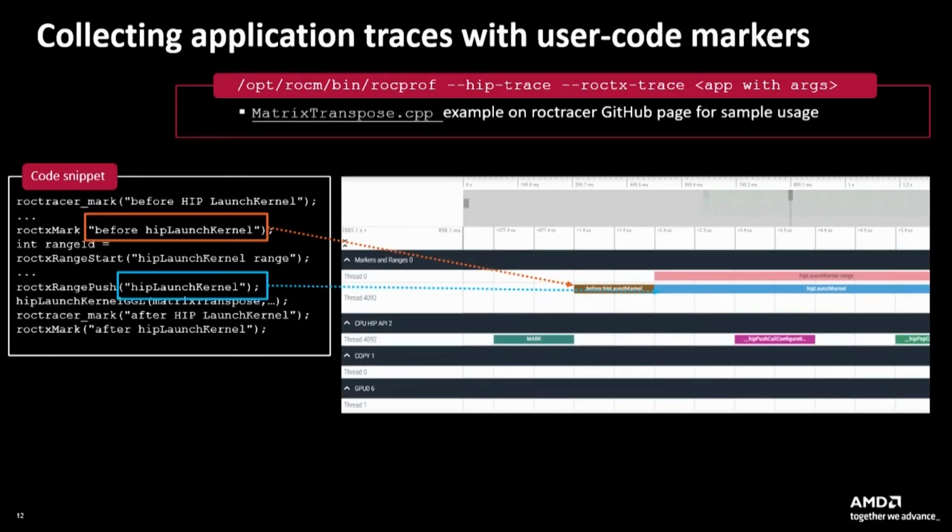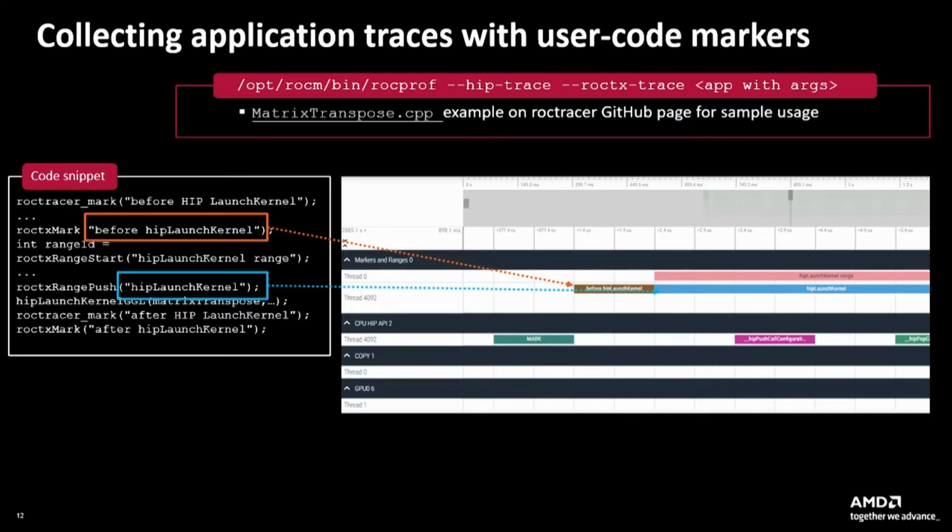An example of the roctx marker that I was showing earlier: on the left-hand side, I've shown a code snippet, and you can find this code on our example GitHub tutorial page. This is the matrix transfers example.